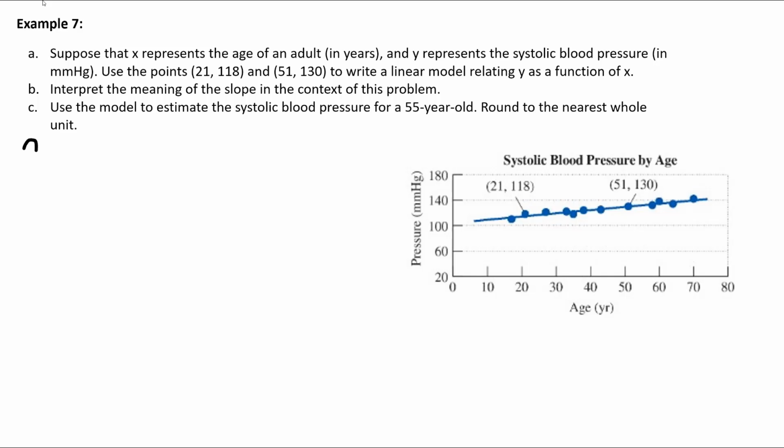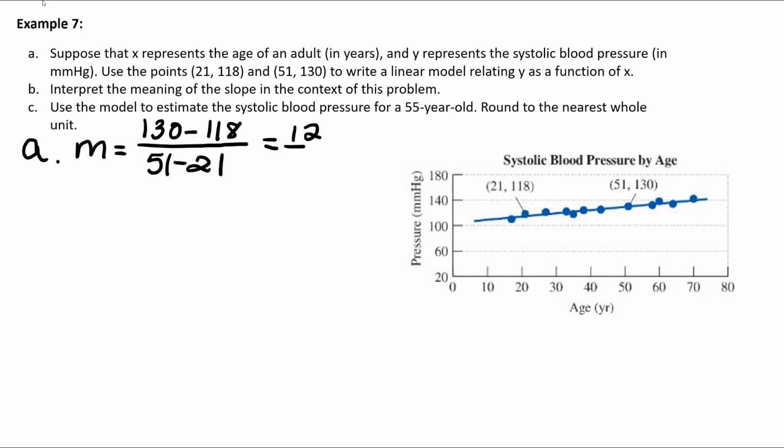So you will use those values to find your slope. So 130 minus 118 over 51 minus 21, and that's going to be 12 over 30, which is 2/5. So that's going to be the slope of this line. So y equals 2/5 x plus b, and we don't know what b is yet.